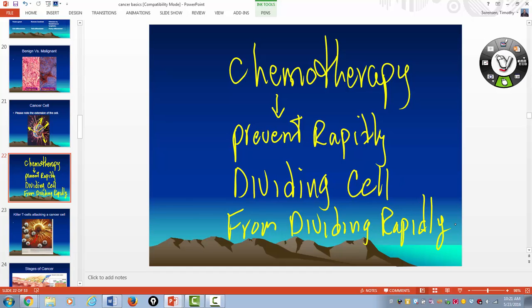That's how chemotherapy works. And there's different ways of attacking the cell to prevent it from dividing.